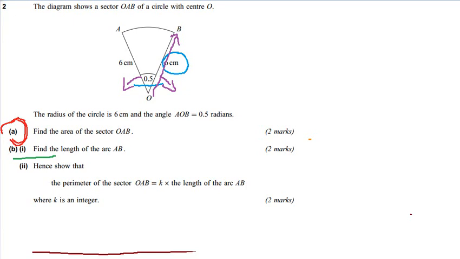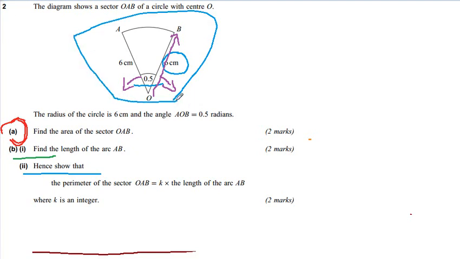Okay, so use what you've already worked out to show that the perimeter of the sector OAB, so this sector here, hence show that the perimeter is k times the length of the arc, where k is an integer. So we have our sector there, the perimeter. The perimeter is basically the line.